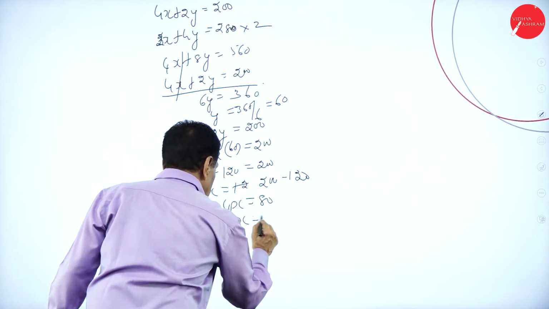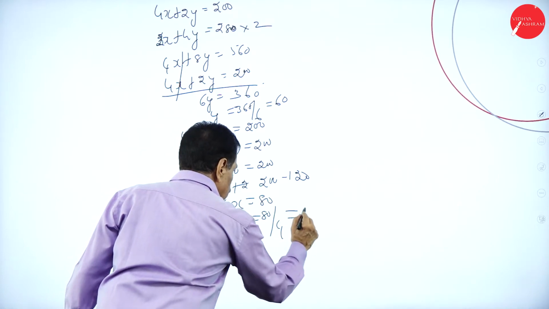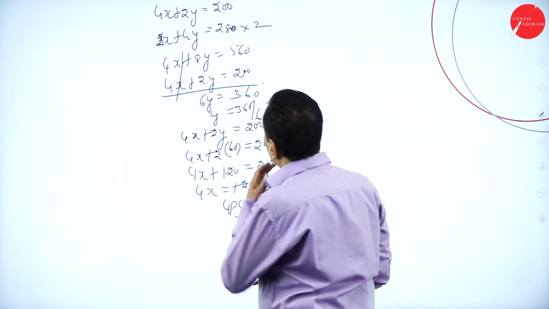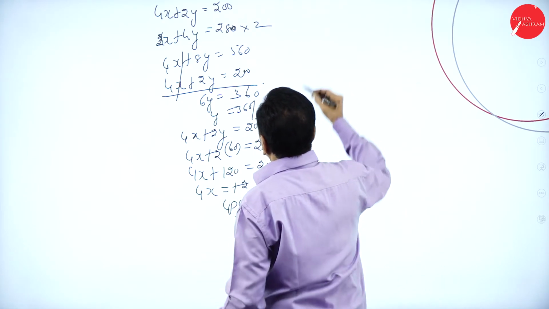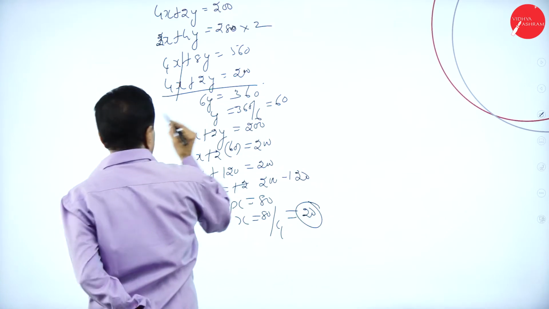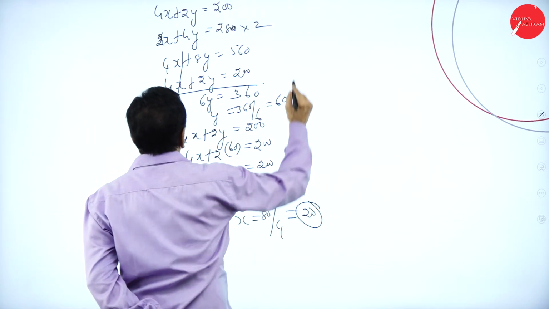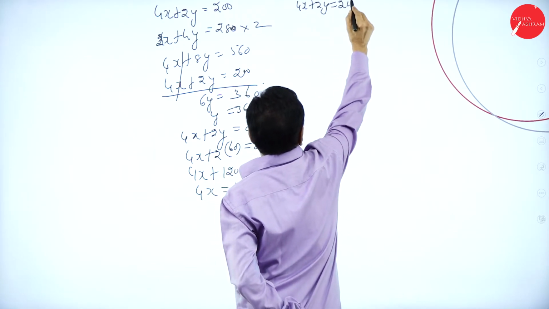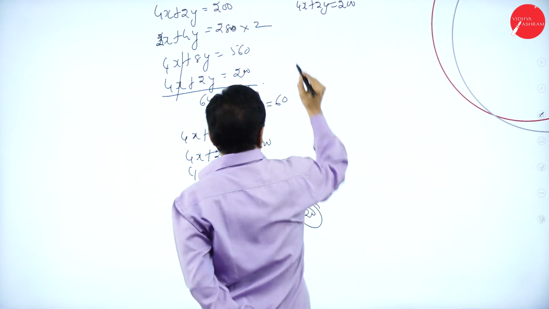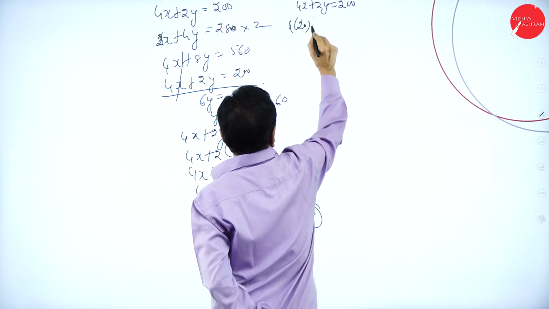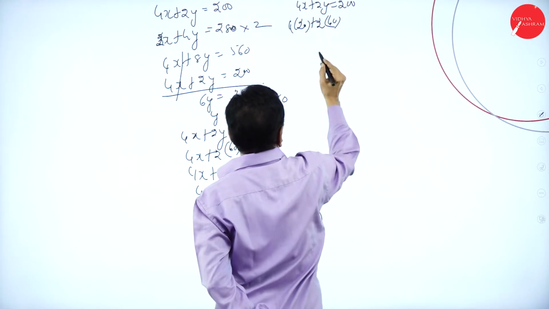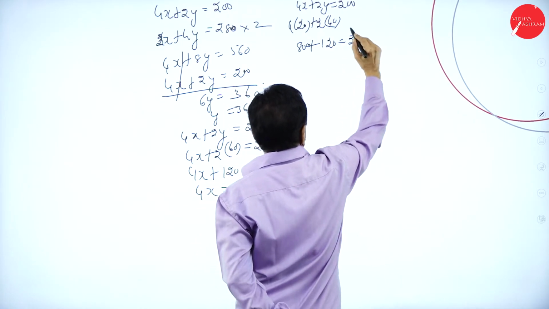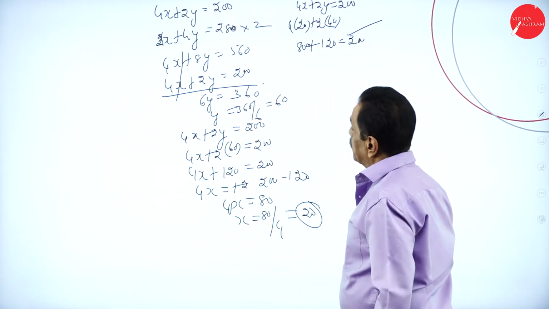X is equal to 80 divided by 4 is 20. So x value 20. You take one equation, find out whether it's correct or not. 4x plus 2y is equal to 200. What's your x value? 20. 4 into 20 plus 2 into, what's your y? 60. This is 80 plus 120 is equal to 200. Correct.